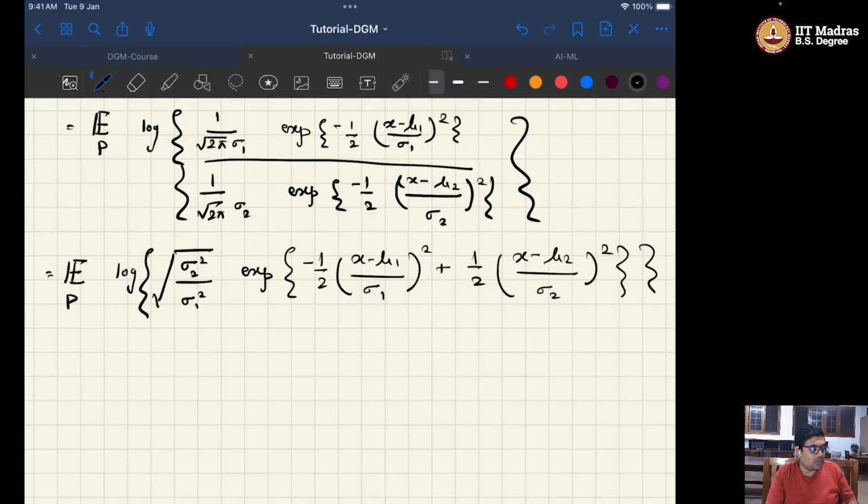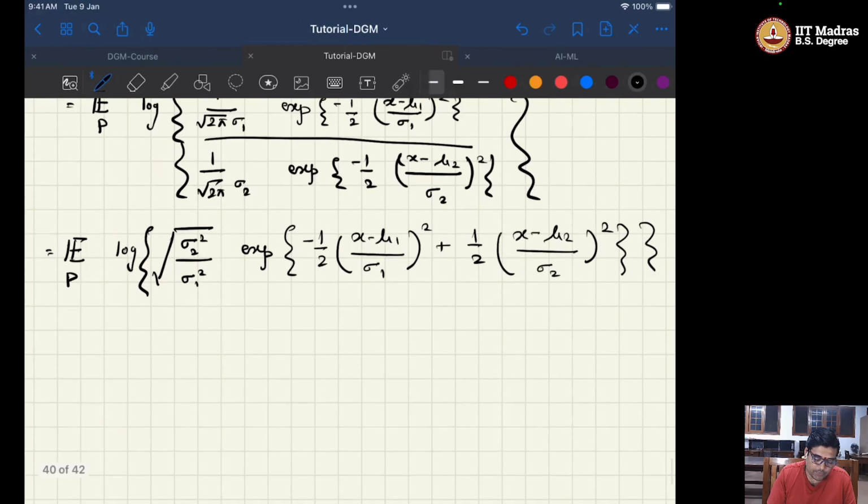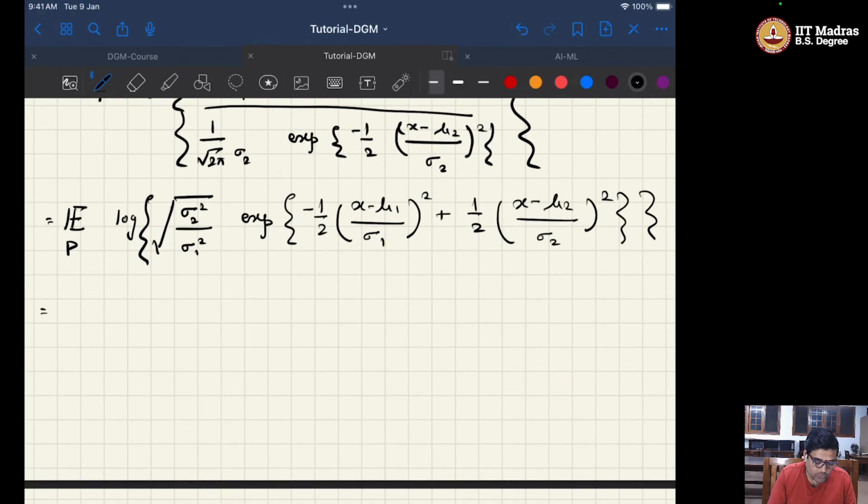So now, next step is, I presume that it is pretty much clear what to do. This is log of sigma 1 square divided by sigma 2 square. Since there's a square root, you write half here. And then exp and log will get cancelled.